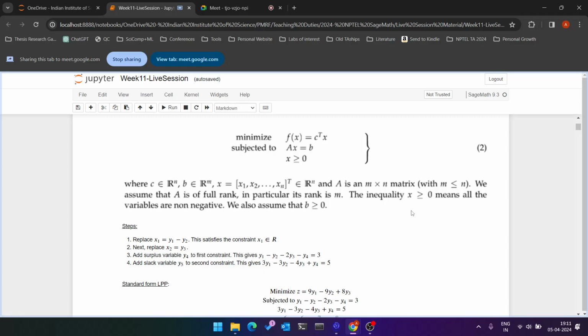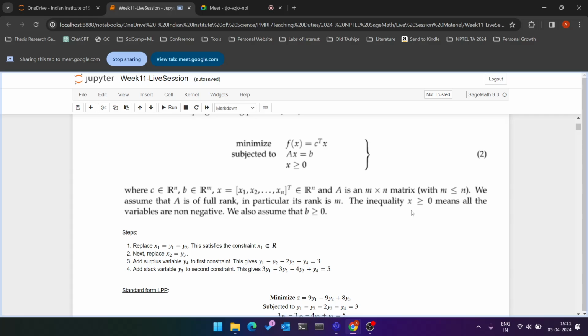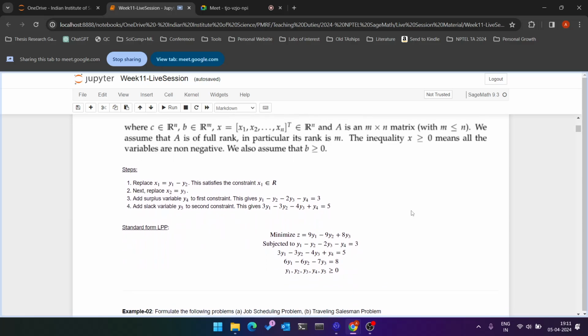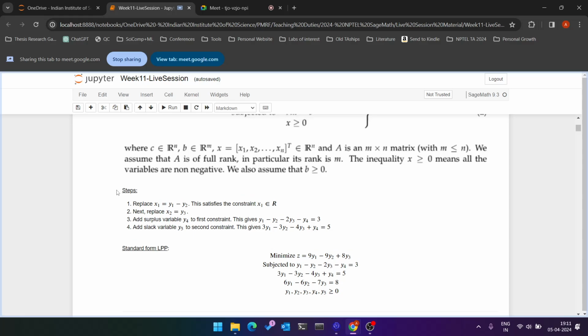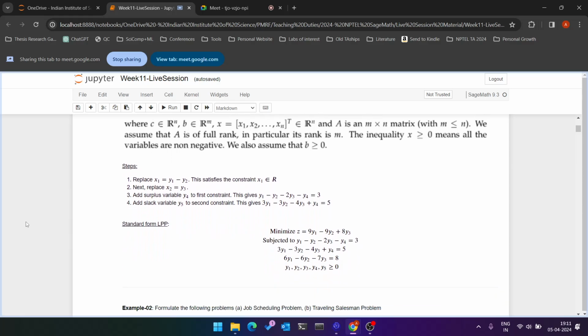The inequality x greater than or equal to 0 restricts x to lie in the positive quadrant of the corresponding higher dimensional space. With this in mind, we'll be going through a few steps.